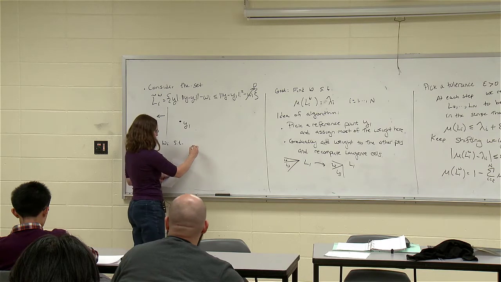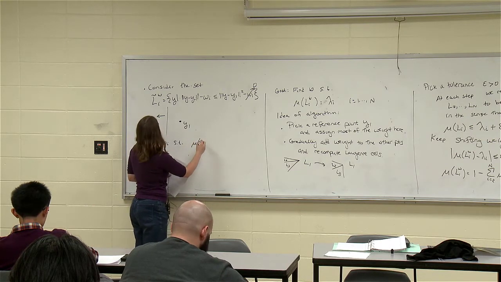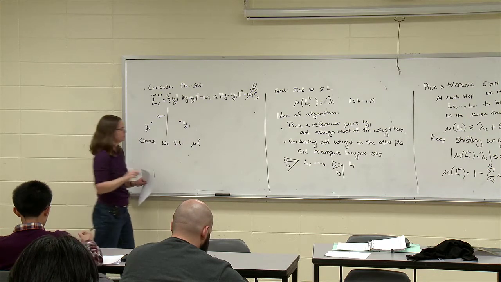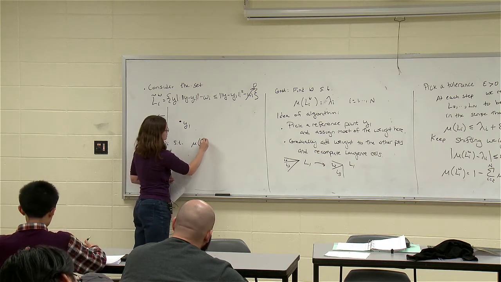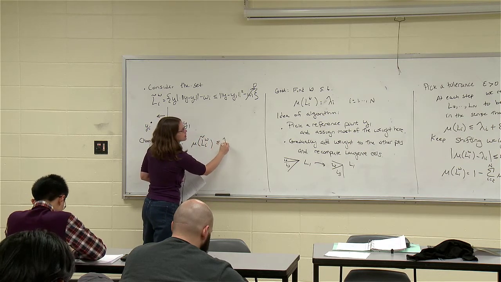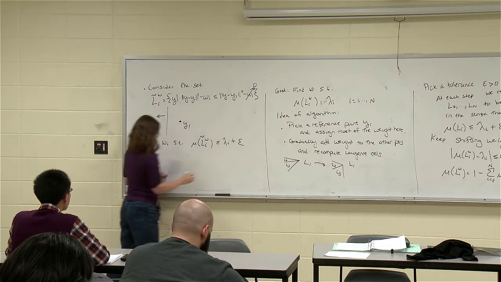Okay, so such that mu of this set, the measure of this set, which is very, very easy to compute, is less than or equal to, this is a tilde, lambda I plus epsilon.